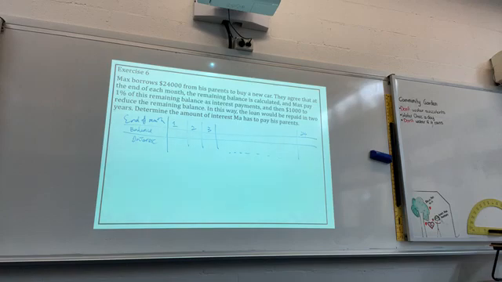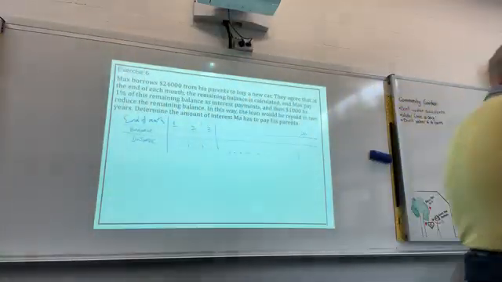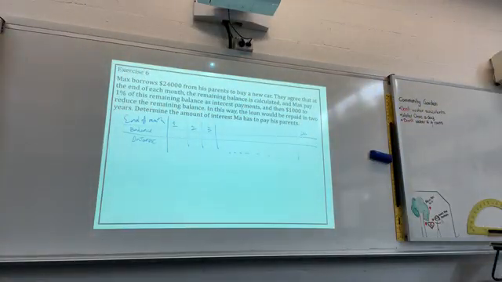Calculate every single one? No. Recognize the pattern, please. You have to reduce $1,000 and then you have to reduce 1% of the balance. That means you write out the table, write out the balance.